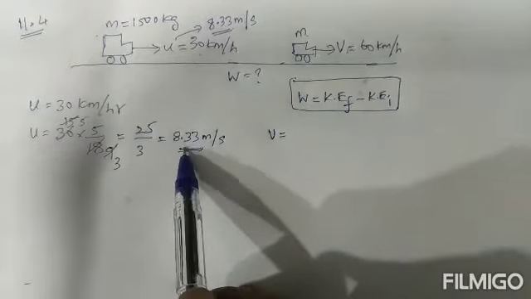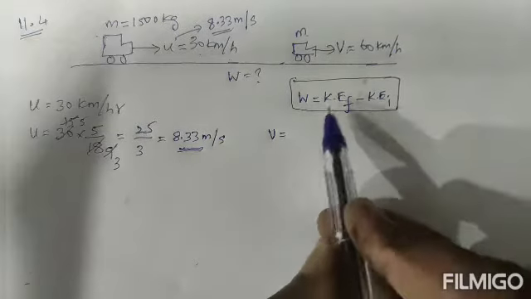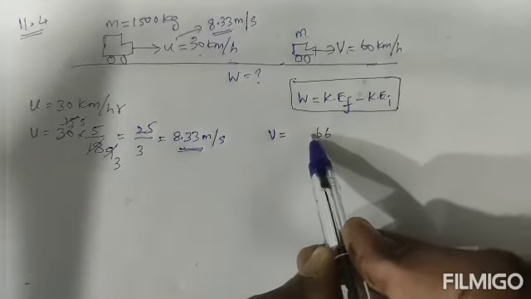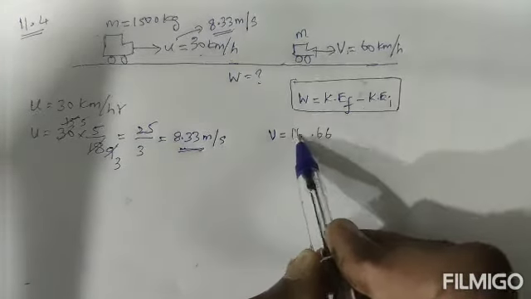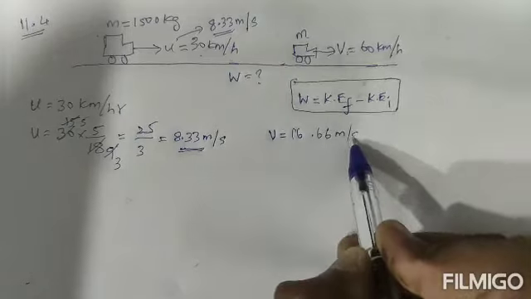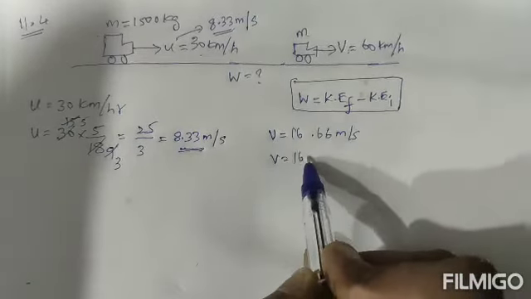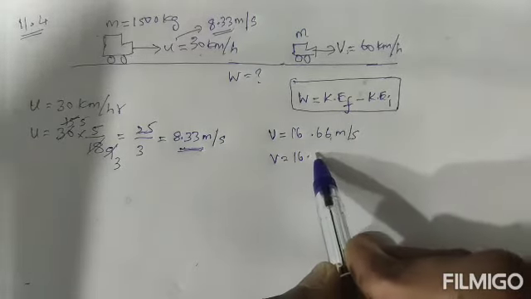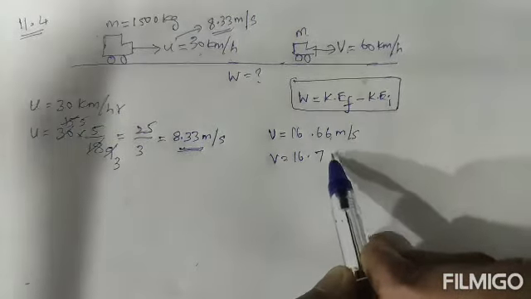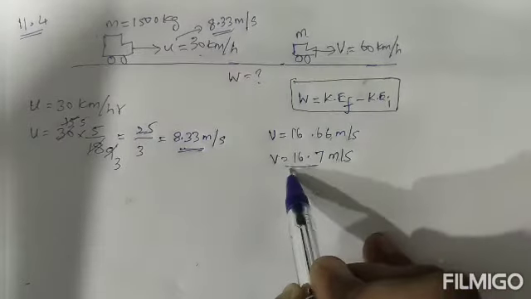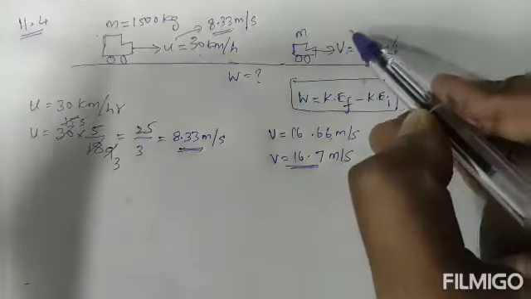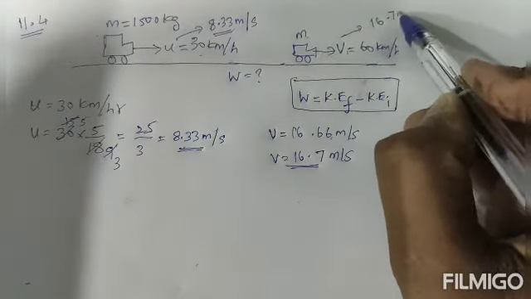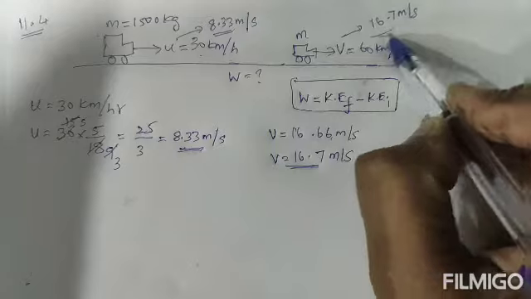So directly from the u value 8.33, the v value we can double, so 16.66 meter per second. Since this is more than 5, I can add 1 here. So I can write 16.7 meter per second.